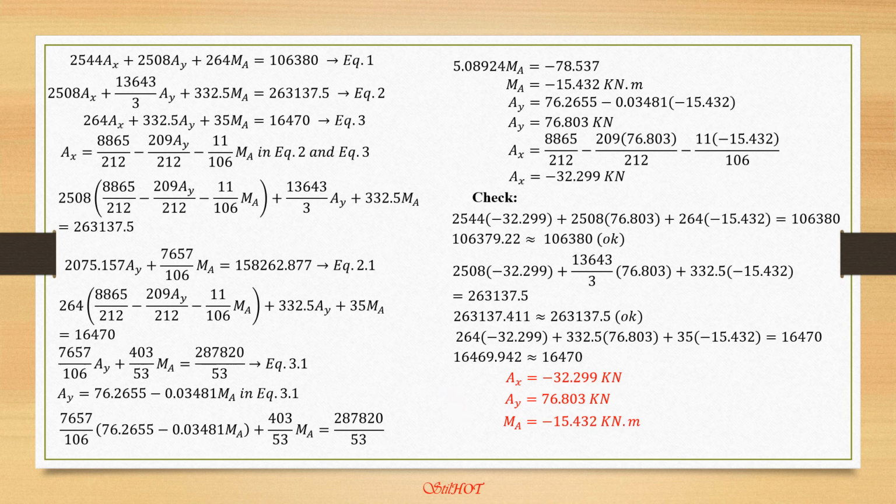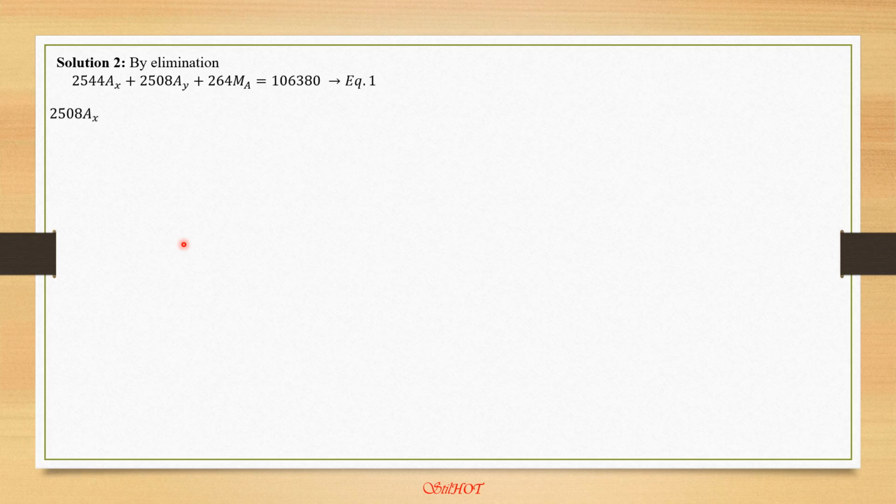So that's it for our first method of solution, which is by substitution. Next is by elimination. So let's have the second solution by elimination method. So we plan to eliminate MA first.